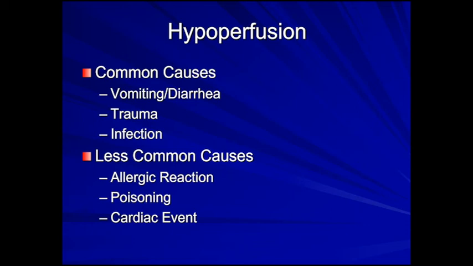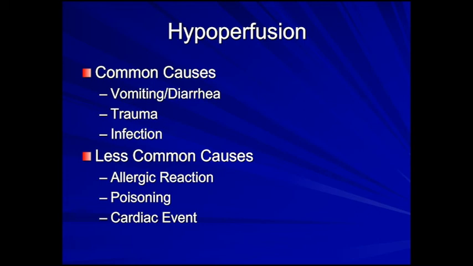A few of the less common causes that are listed on the slide here that make reference to this whole hypoperfusion type of state. What about an allergic reaction? So that could be like your anaphylactic shock, again, where you have this massive vasodilation and you end up with a hypoperfused state.